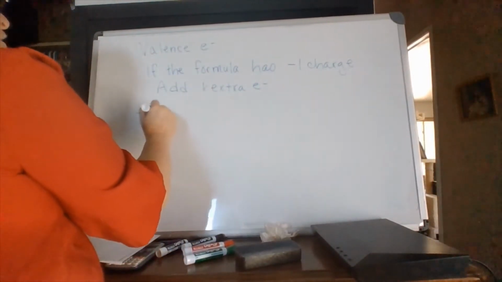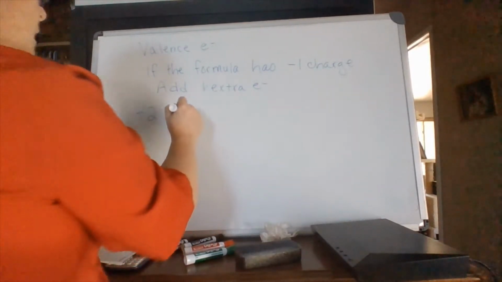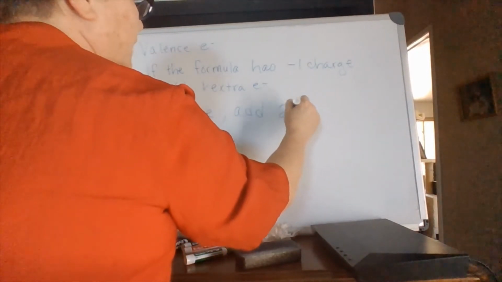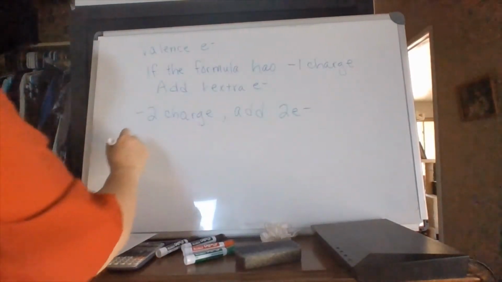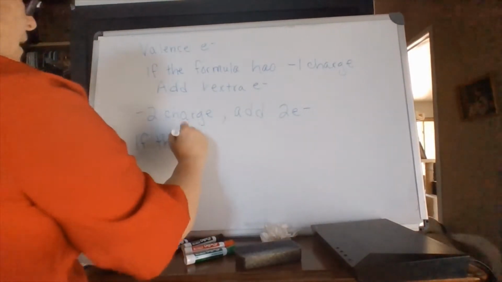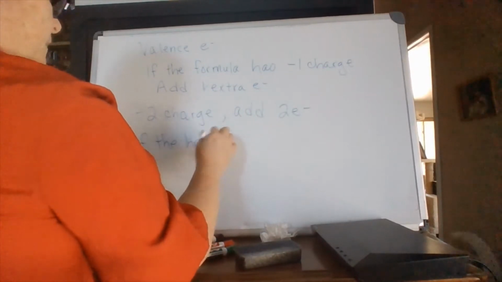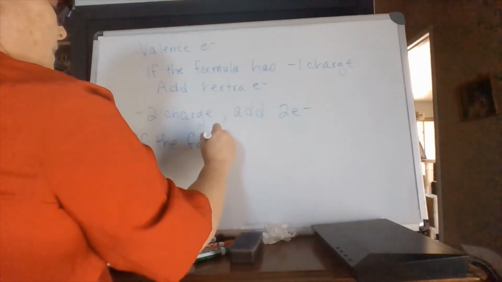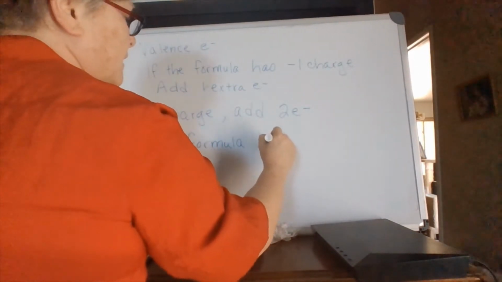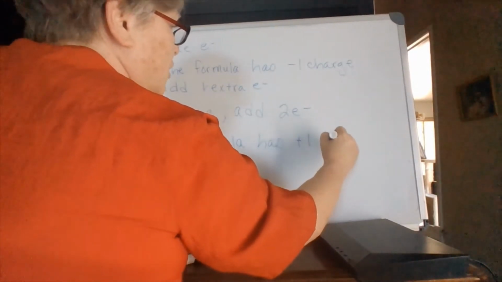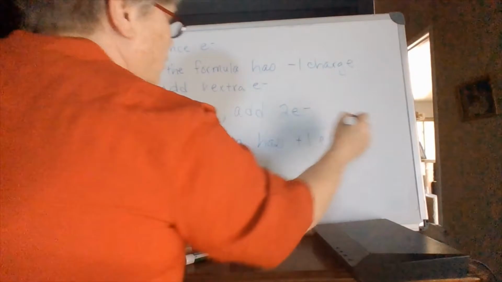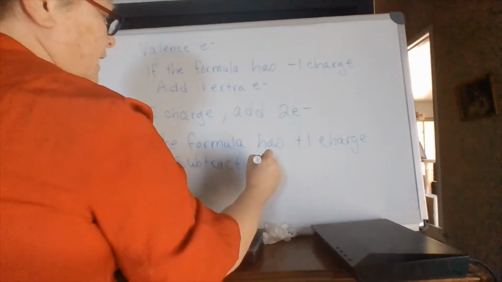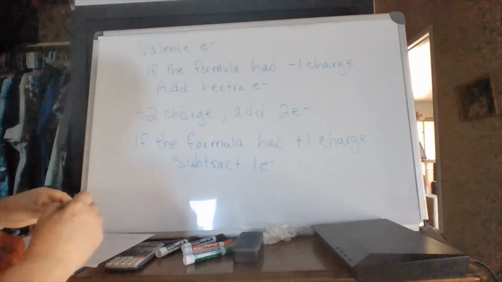If it has a -2 charge, you're going to add 2 electrons. Now, if the formula has a +1 charge, we are going to subtract 1 electron from our valence count.